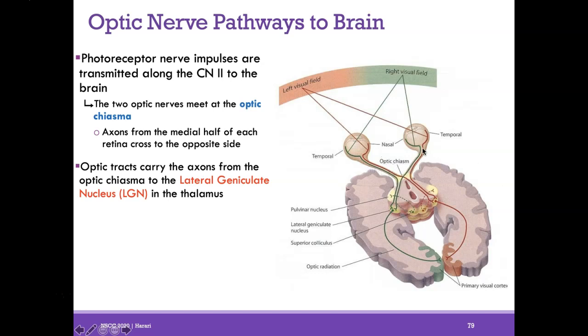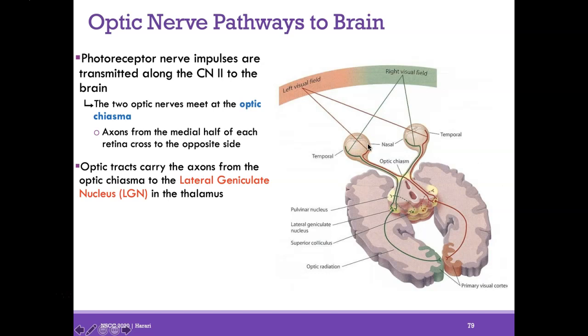And something interesting happens at the optic chiasm. The two optic nerves meet at this chiasm, this crossing. And axons from the medial half of each retina cross over to the opposite side. So let me show you what that means.